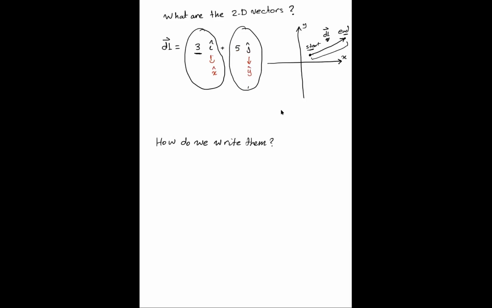Also, another utility of vectors is that they tell us the direction, positive or negative. So maybe in another case, we could have a negative I hat. And that tells us that the vector is moving in the negative direction on the x-axis.